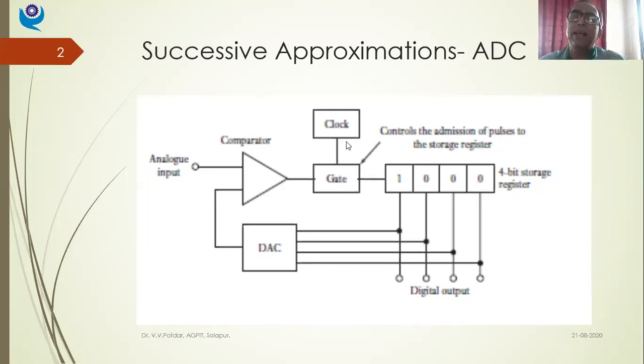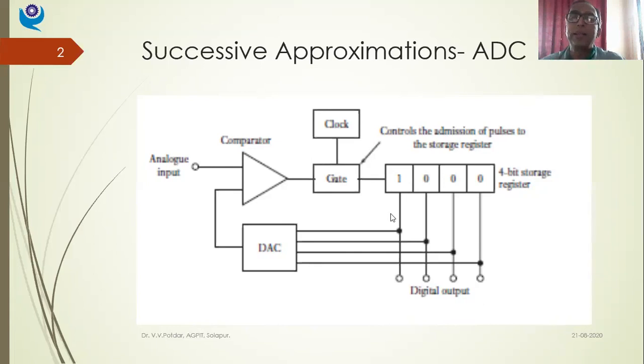Actually, the trick is that the value that I am generating, and the equivalent analog voltage of the digital signal that I am generating, will be compared here. As I said, if I want to measure a voltage of 8 volts, what will I be doing? I'll be starting off with the clock frequency and the digital binary number which corresponds to a voltage of 7.5 volts.